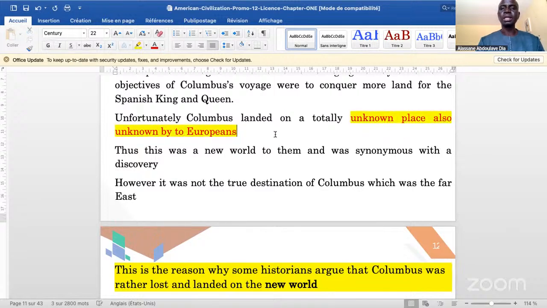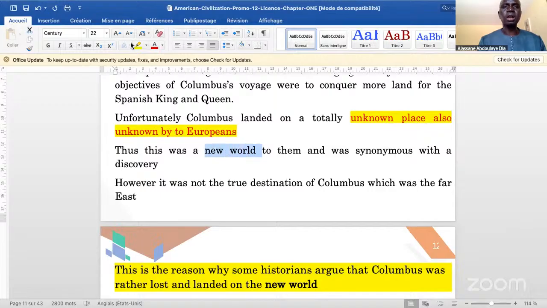What does it mean? He arrived in a place that he did not know, that Europeans themselves did not know. So when he arrived in a place that he did not know, for him, in his ideas, he had arrived in Asia, in India. And thus, this was a new world.